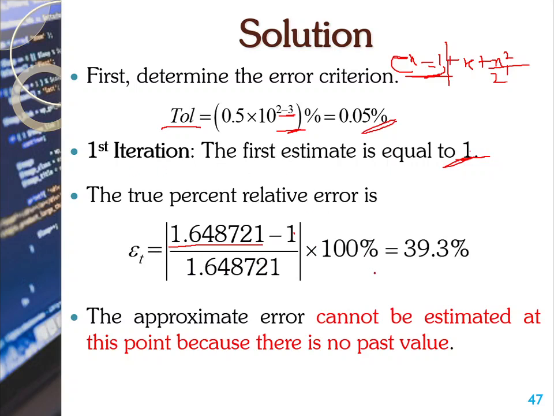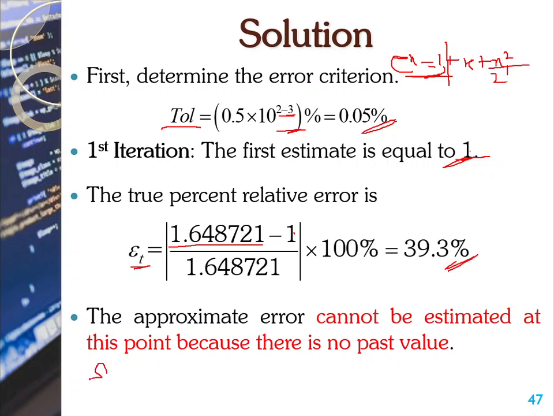With this first iteration, we are making an error of 39.3%. That is, if we estimate the value of exponent of 0.5 taking only the first term, we are making an error of 39.3%. This is the error based on the true value.